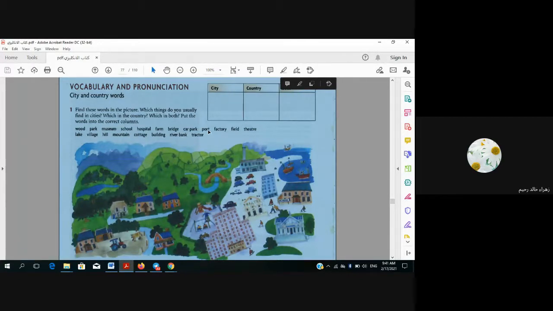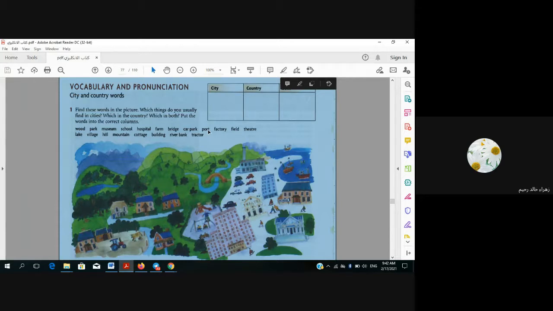Hill. Country. Mountain. In the country. Yes, but we find mountain in some cities. So in both of them.